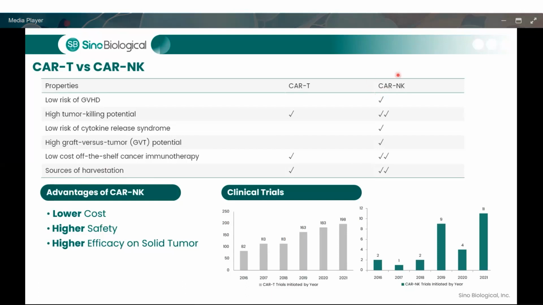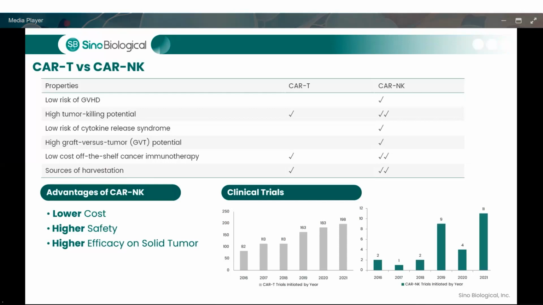Since CAR-NK cells act independently of HLA matching to recognize the target cells, GVHD has rarely been reported in clinical and preclinical studies of CAR-modified NK therapy.